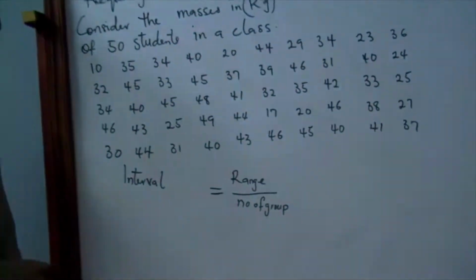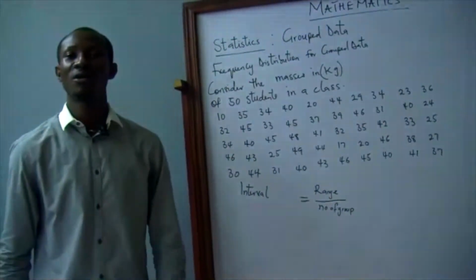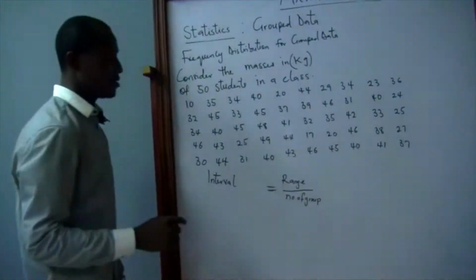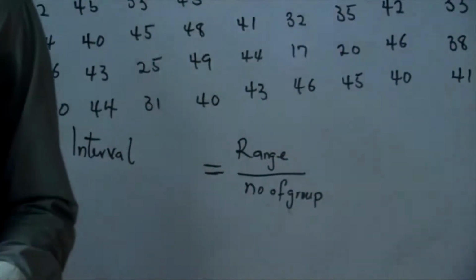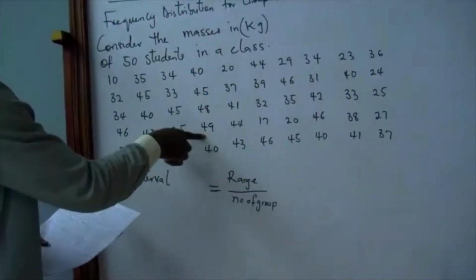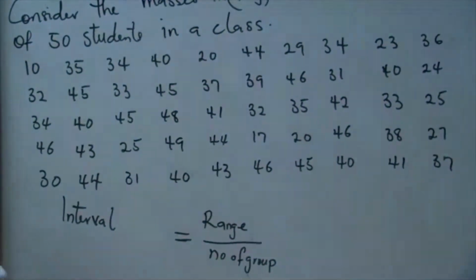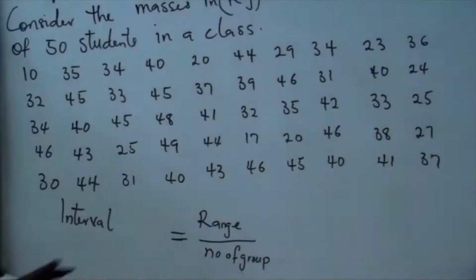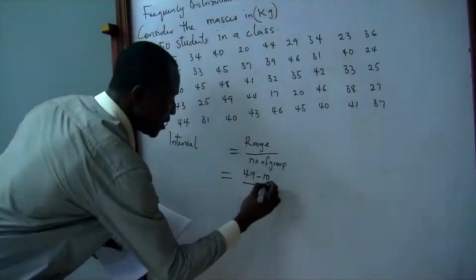Now we have the interval. This tells us how wide we want each group to be. From last class, I showed that the range is the highest value minus the lowest value. So from the data here, we find that 49 is the highest value and 10 is the lowest. If we wish to classify this data into 10 groups, then the interval becomes 49 minus 10 divided by 10.